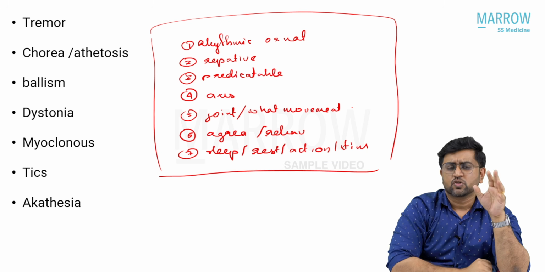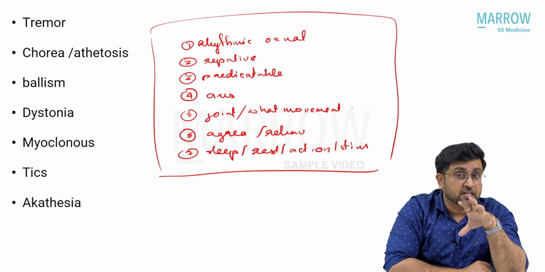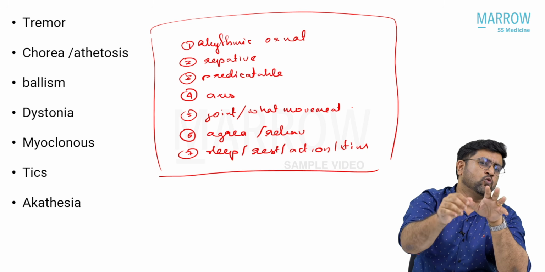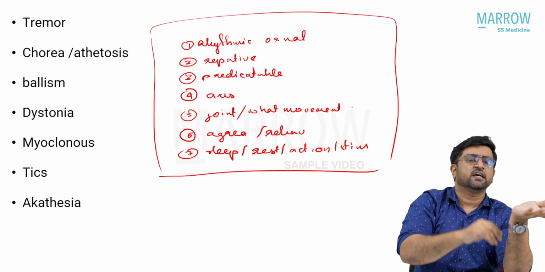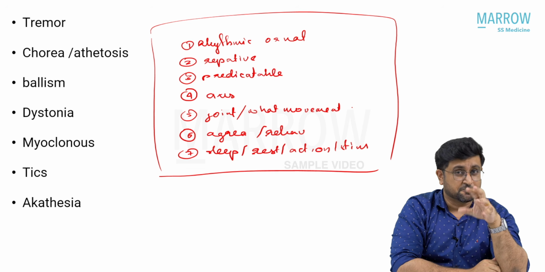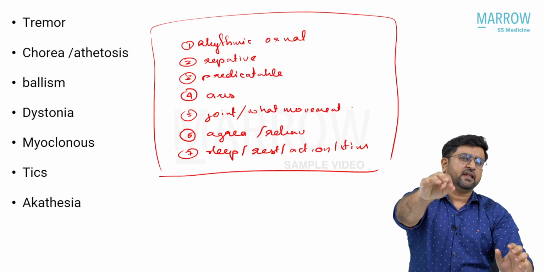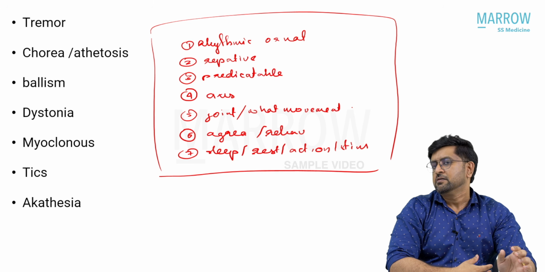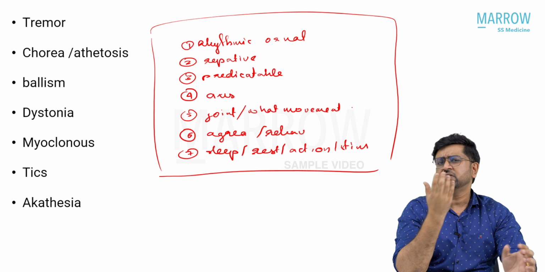This can occur. So is it rhythmic? It is not rhythmic, it is arrhythmic, but it is patterned. Arrhythmic means every movement, the upward movement, the downward movement, is not rhythmic and not oscillatory like tremors, and it is much jerkier. But it is patterned. If somebody has cervical dystonia, once it happens, it is always the same pattern.